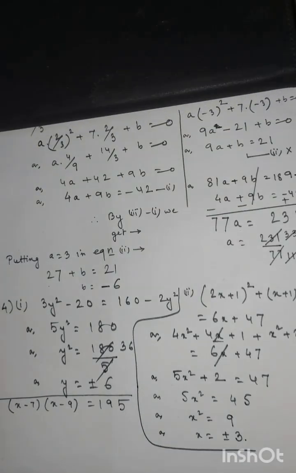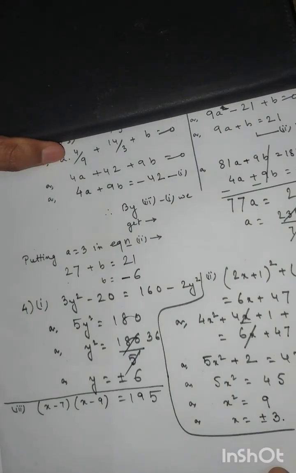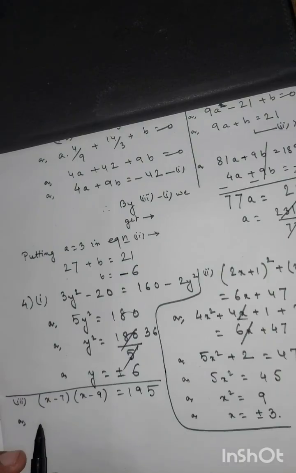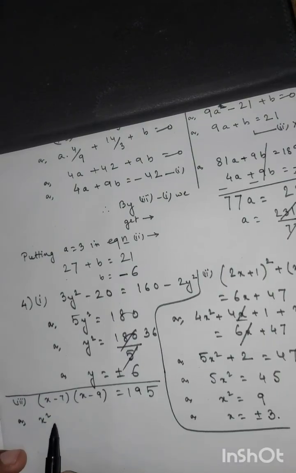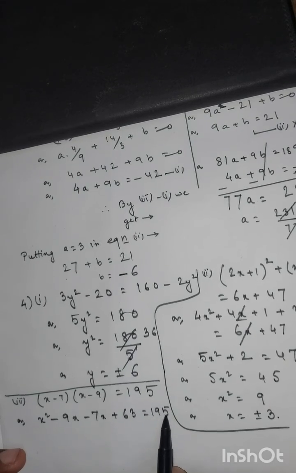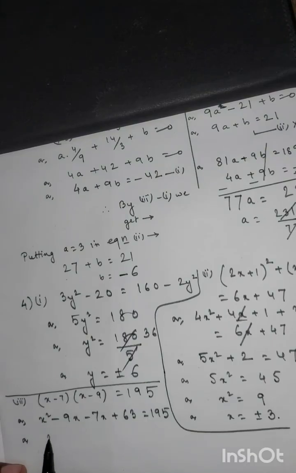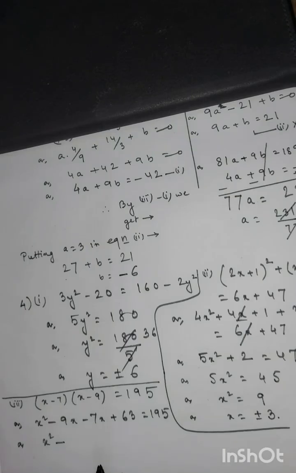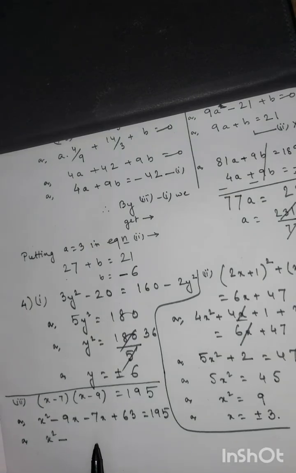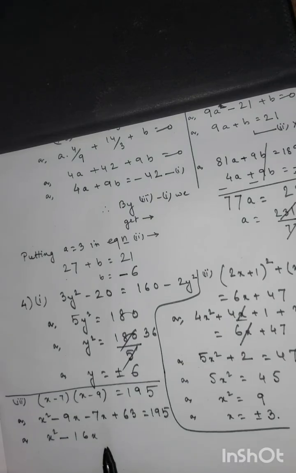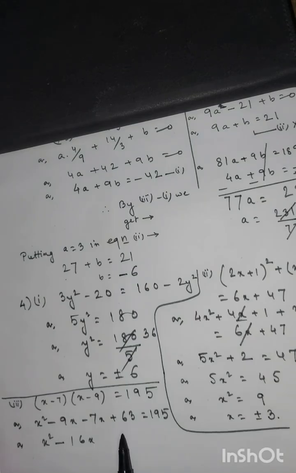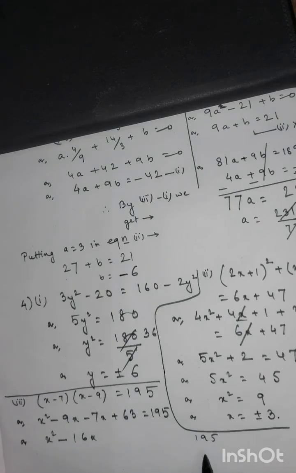Now let us do it. If we take 195 to the left side, so it becomes minus 132.